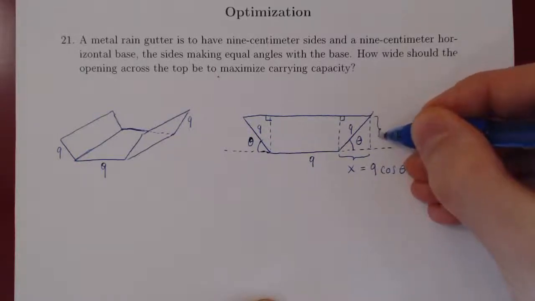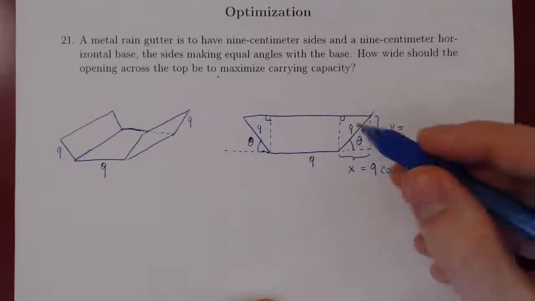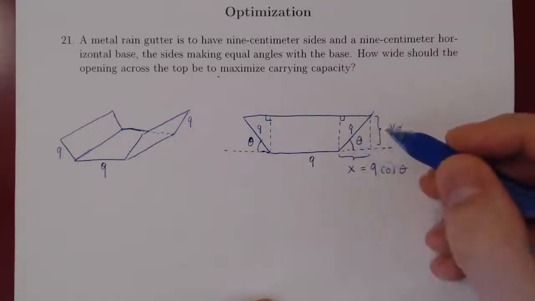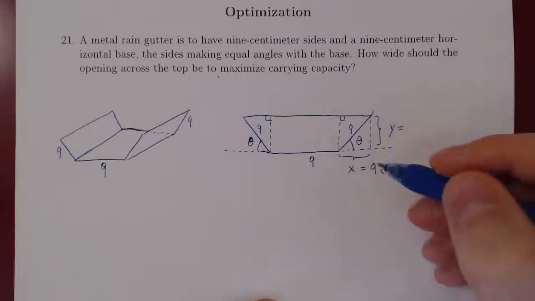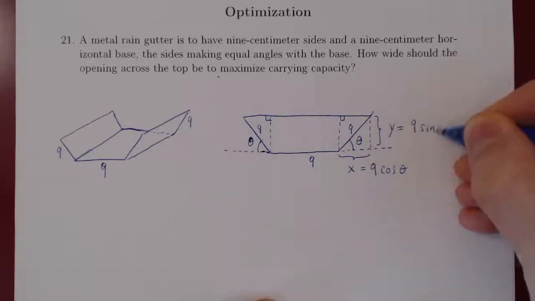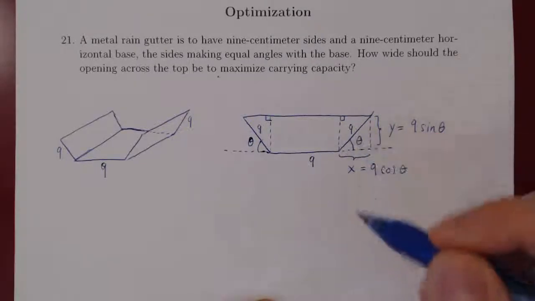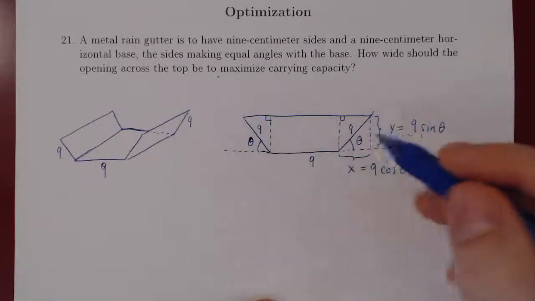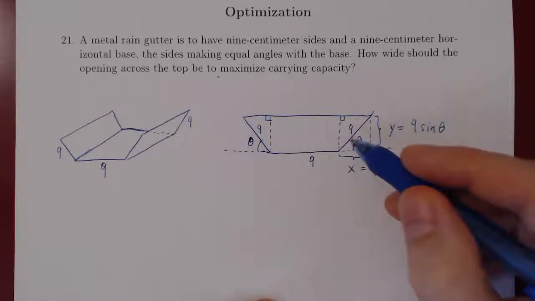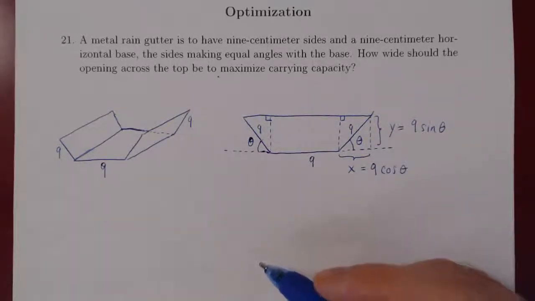Same for the height of our triangle, call it y. Sine of theta is opposite over hypotenuse, so sine theta is y over 9, multiplied by 9, therefore y is 9 sin theta. And I'll go here with the area of the trapezoid as a function of the angle at the base, theta. And now we're good to go.